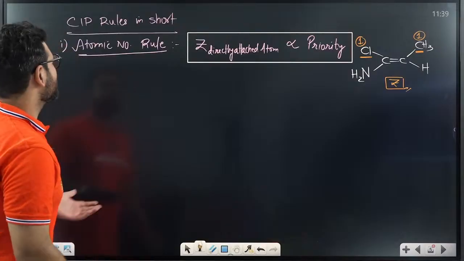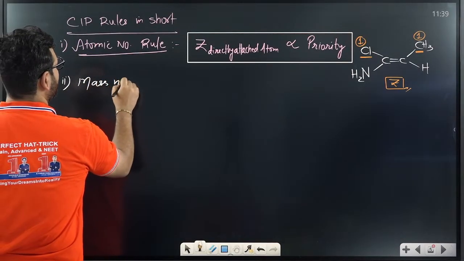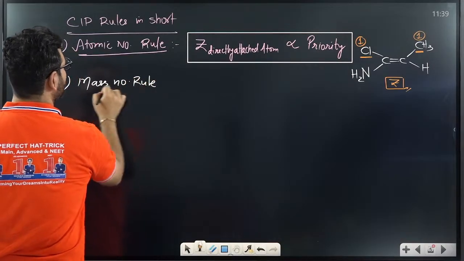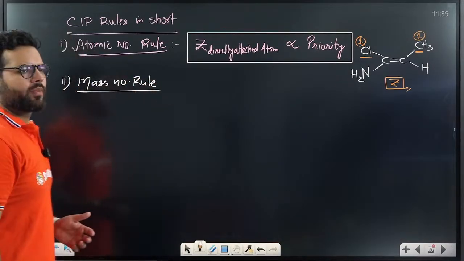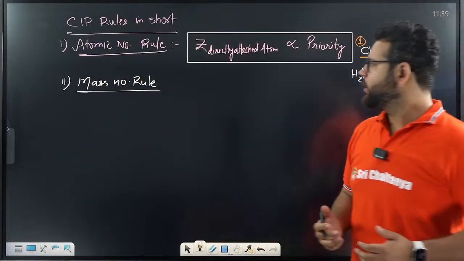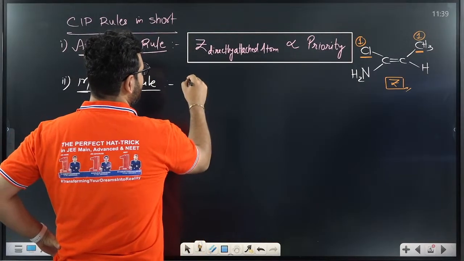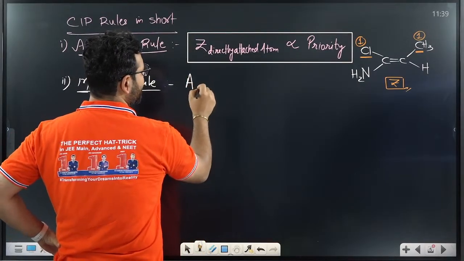If the atomic number rule does not work, then go for the mass number rule. Only if rule 1 fails, then we go for the mass number rule, which is the mass number A of the directly attached atom.